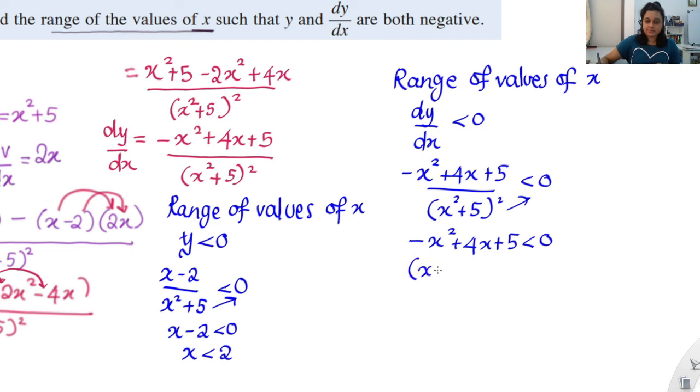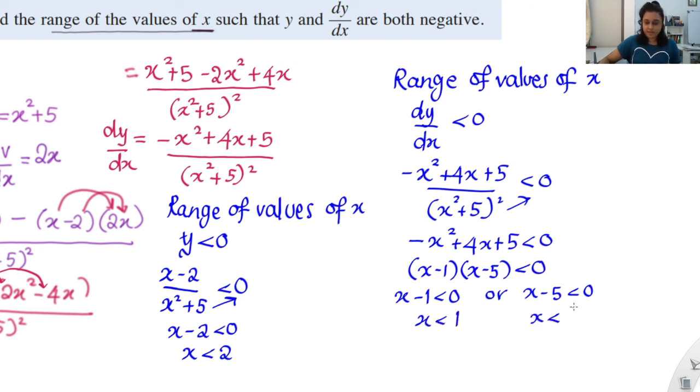Okay, so your x is -1 and x is 5. Okay, you will get like this, x minus 1 less than 0 or x minus 5 less than 0. So your x is lesser than 1, x is lesser than 5 here.